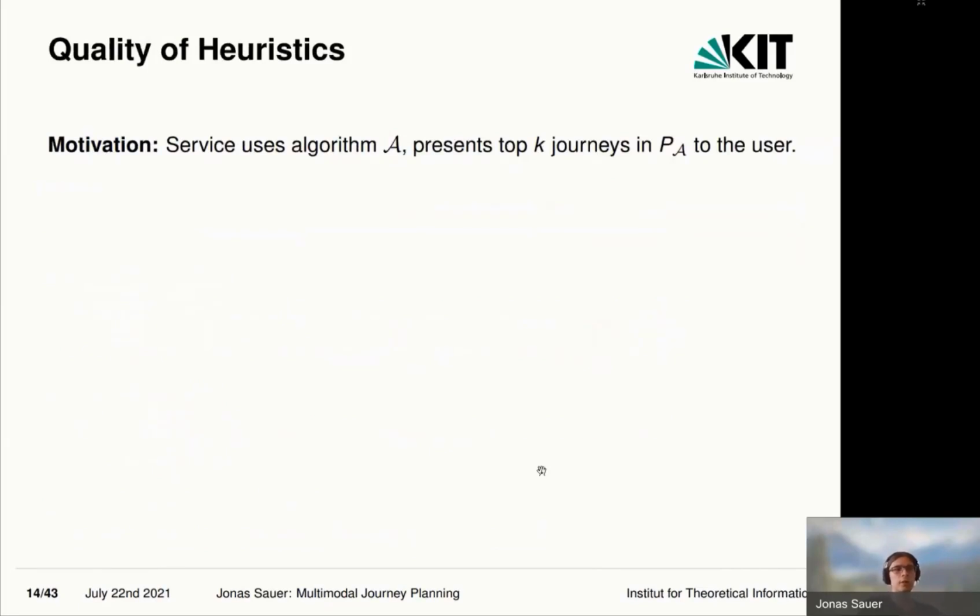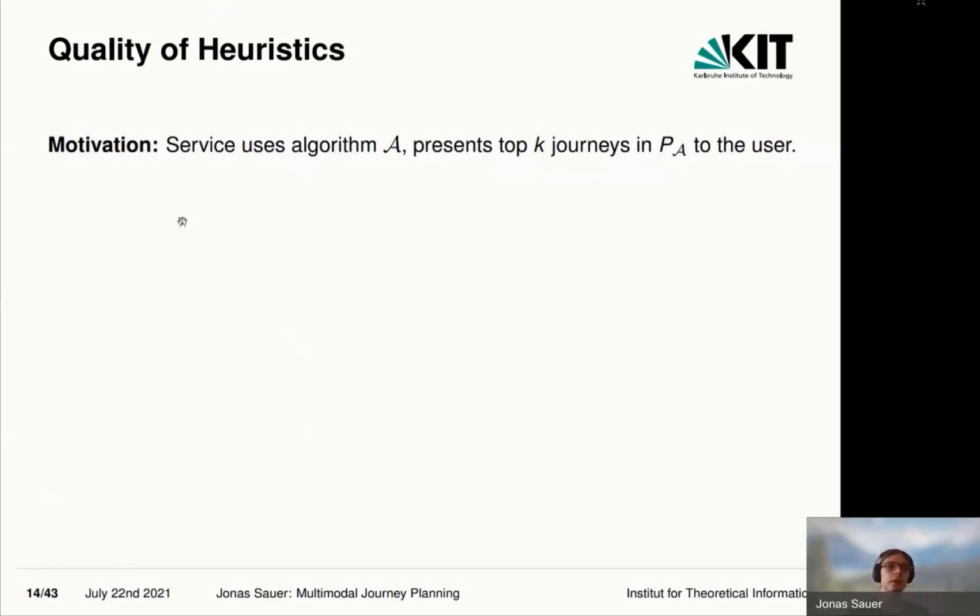Okay, so we want to evaluate the quality of these heuristics, and what we do for that is we consider what we will actually end up doing in practice, which is we use some algorithm A, and then we will present the top K journeys in the Pareto set to the user. So let's say the top 5 journeys or something like that.